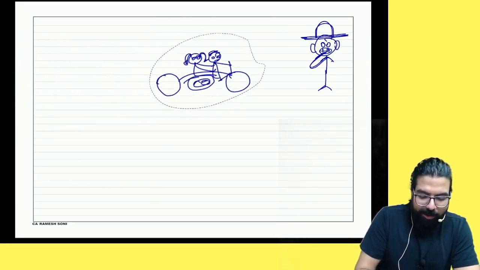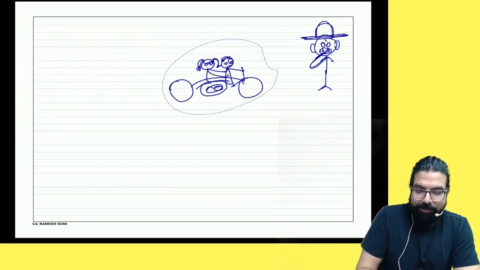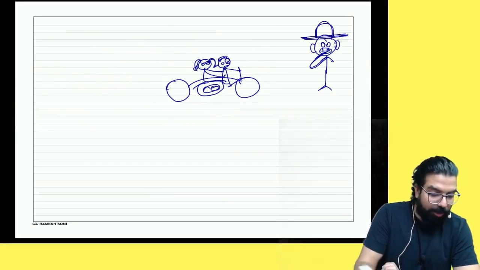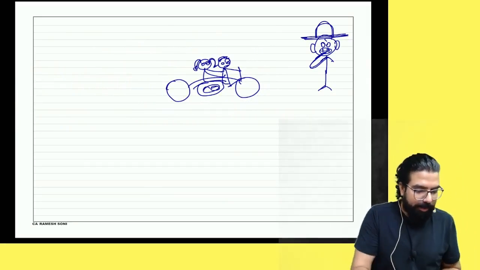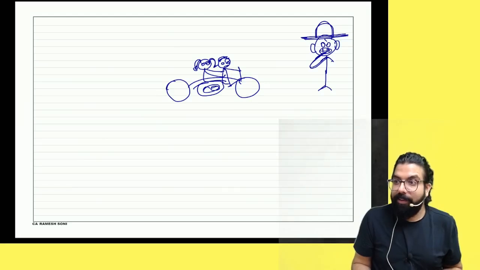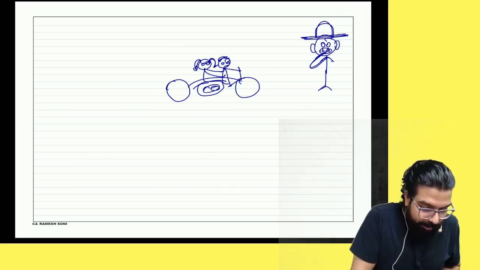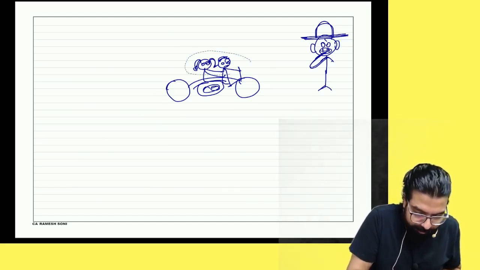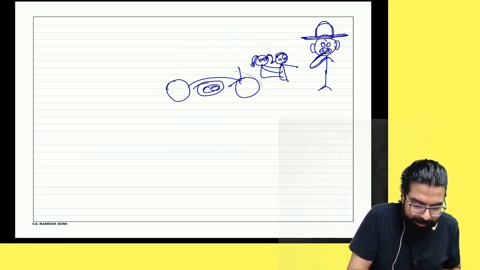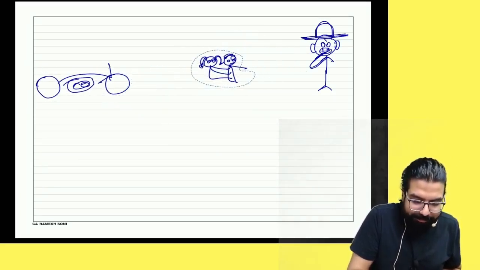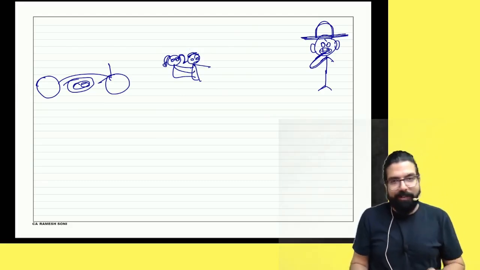So listen. Jagdish and his girlfriend were going. Okay. Suddenly the police told them to stop. Why stop? What is the problem? The helmet is not there, correct? So both of them came down. Now listen.